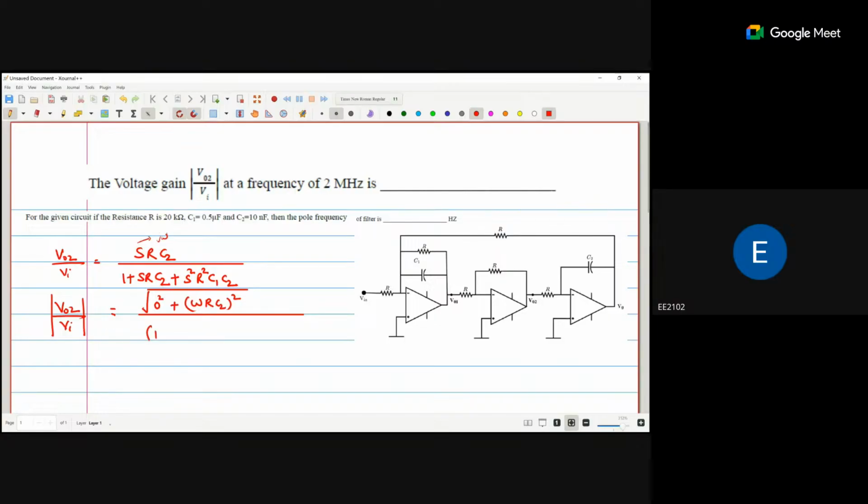So the real component is 1 minus omega square R square C1 C2, the real component square plus the imaginary component omega R C2, and the root of this.